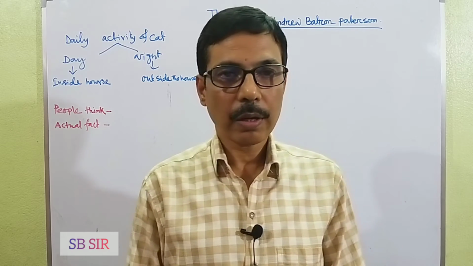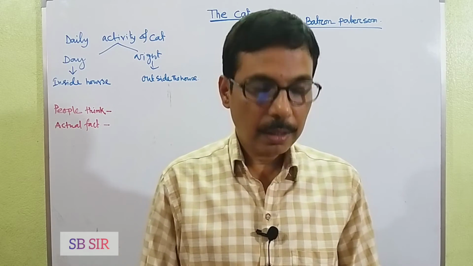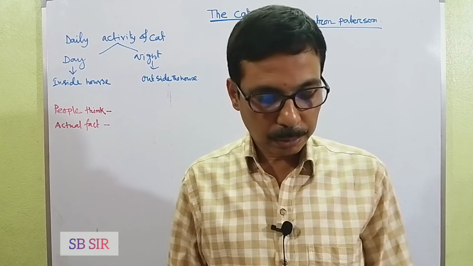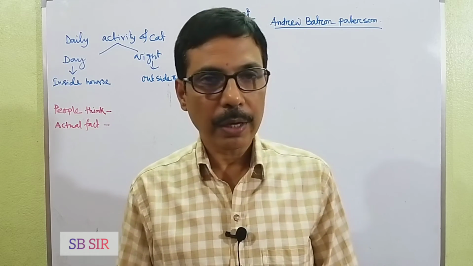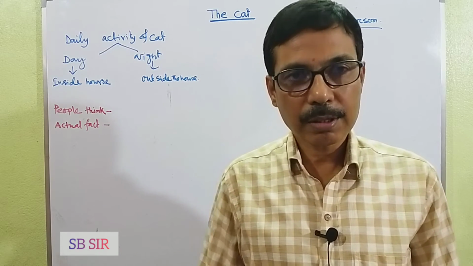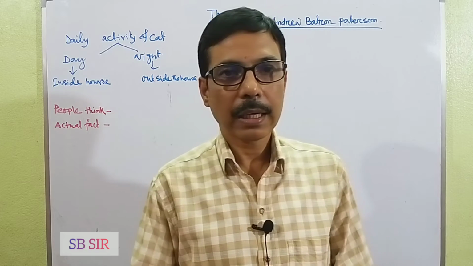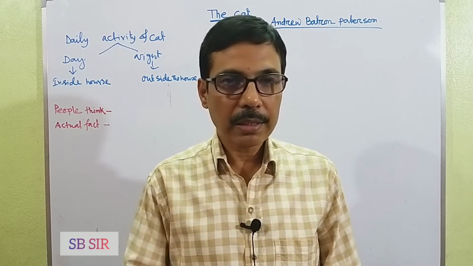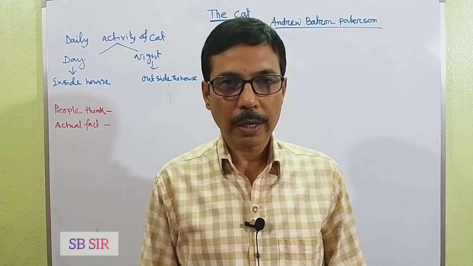The cat has enemies. Who are the enemies? Dogs, and not only the dogs but also small boys with stones. That means small boys often hit the cat with stones. So he becomes very cautious to look if there is any dog or any small boy.